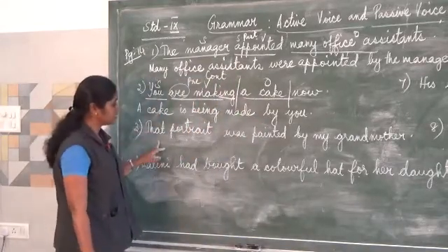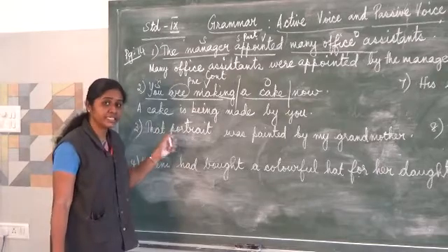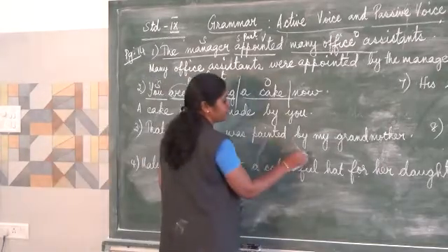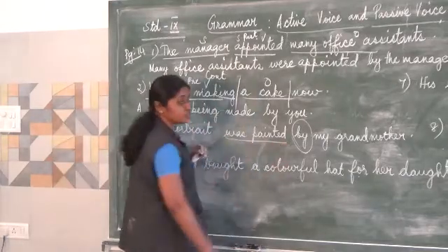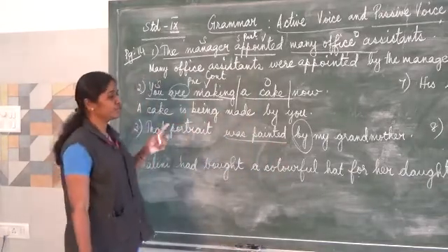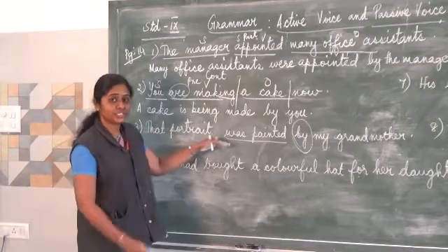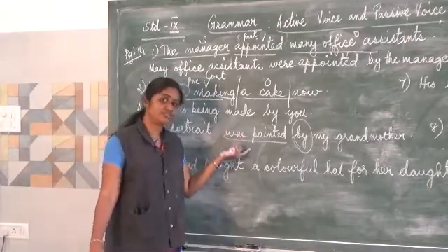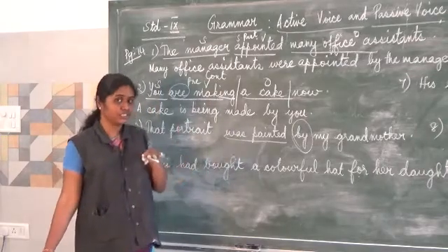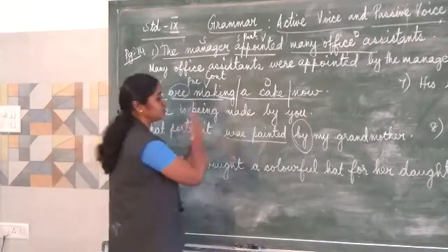Now if you see the third sentence, it is given already in passive form. We have the preposition by here. So first of all you have to identify whether the given sentence is in active voice or passive voice. The third sentence is in passive form, so now you have to reverse it, you have to change it into its active form. So you just reverse the process.